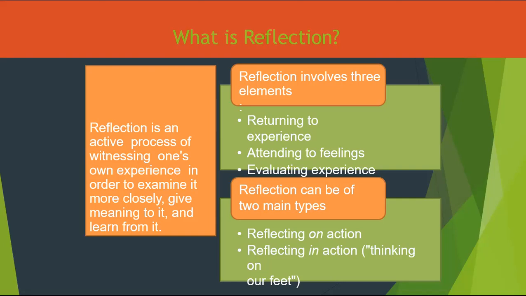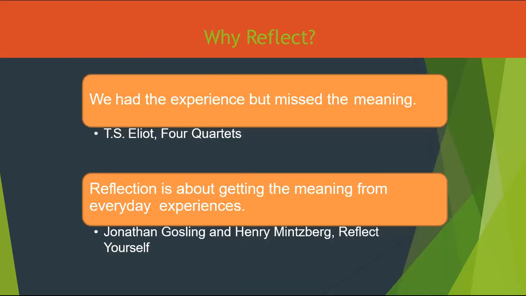Reflection can be of two main types: reflection on action and reflection in action, thinking on our feet. Reflection on action means that whatever act is performed, you can reflect on it afterwards. Reflection in action means that you are currently in the action process, you are currently working in it.